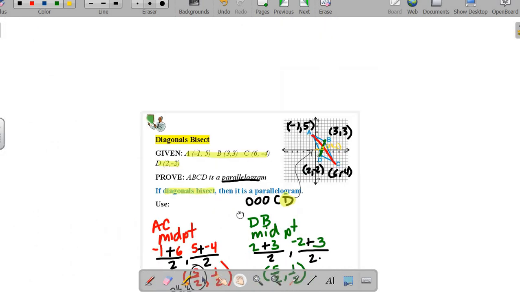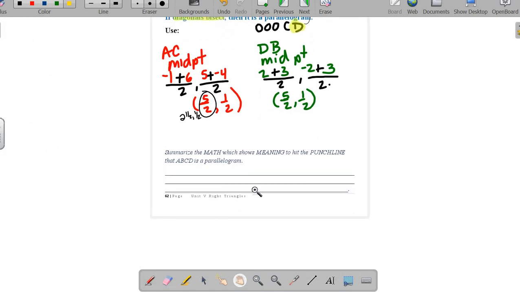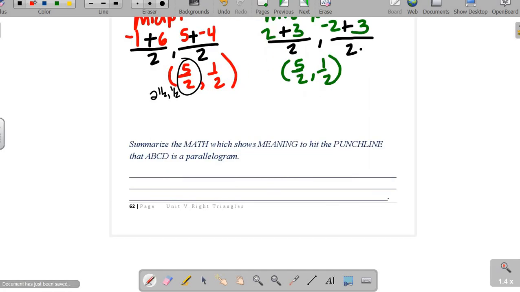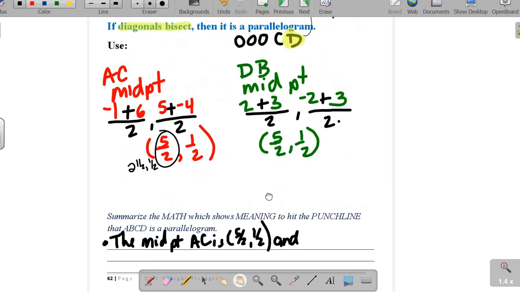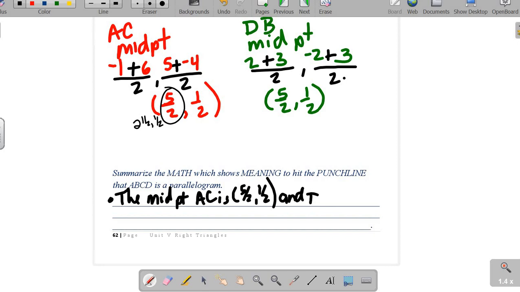So math, meaning, punchline. Here's the math. There's your math.